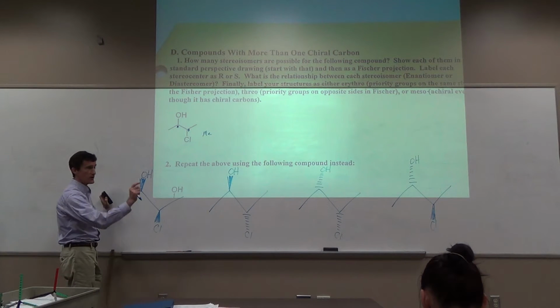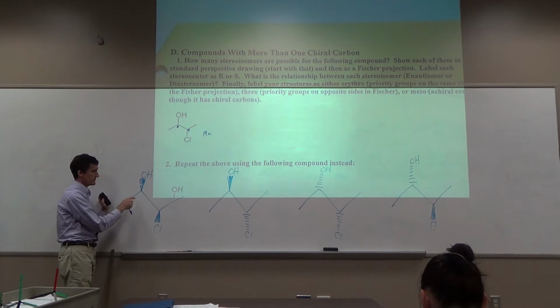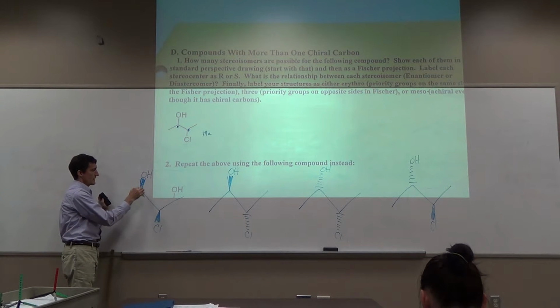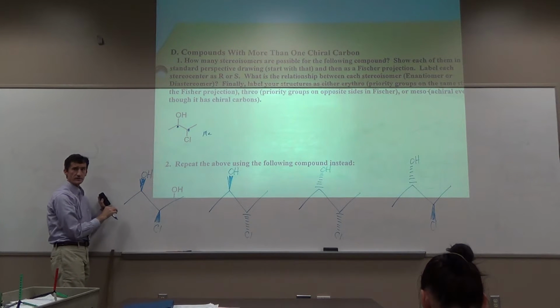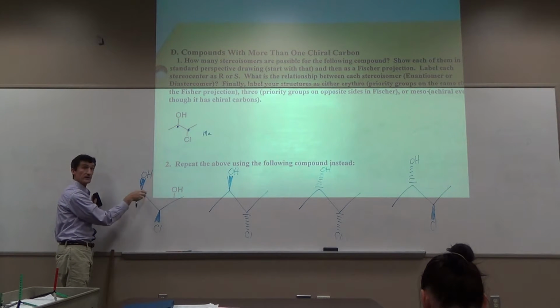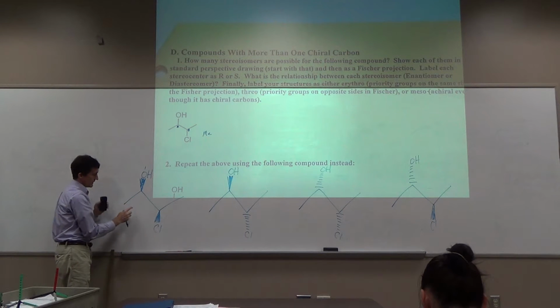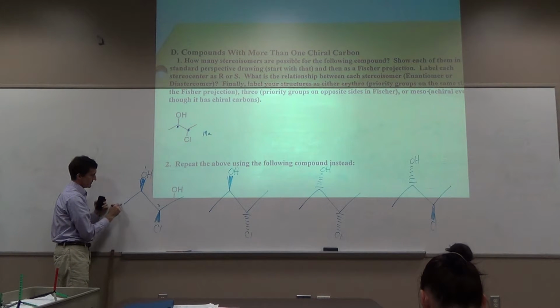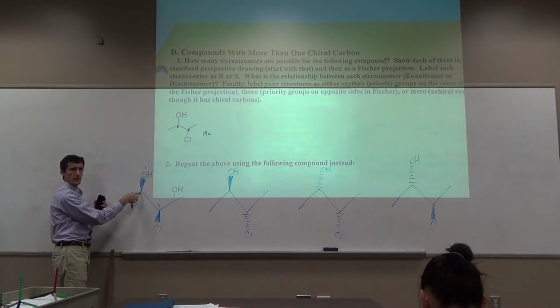Before we go any further, let's do R and S for each here. Just do R and S for all your sites. Here first, R and S. What is the configuration about this carbon? Carbon 1, carbon with chlorine or carbon with just H's? There's an H here, it's going back, so that's good.